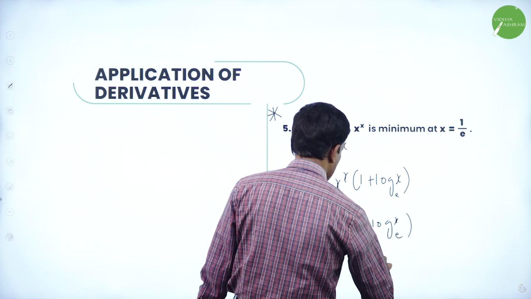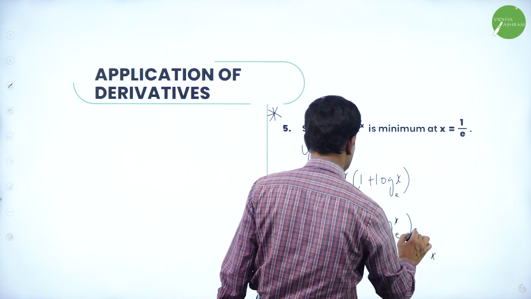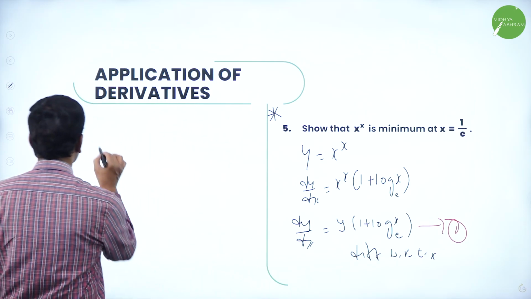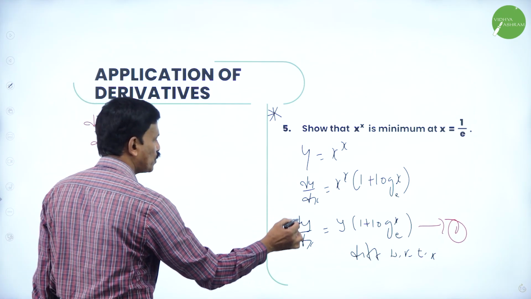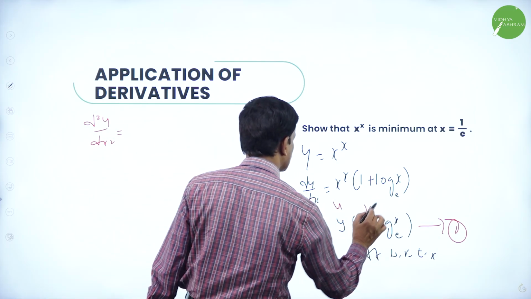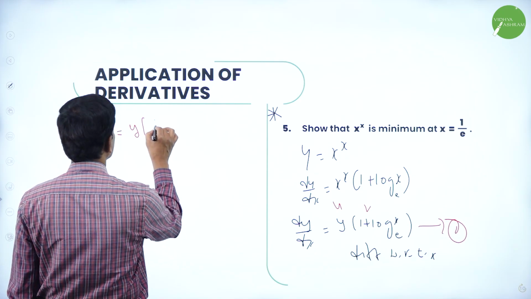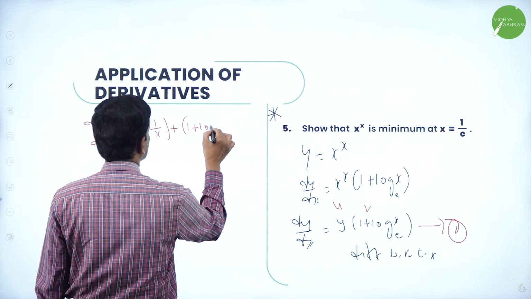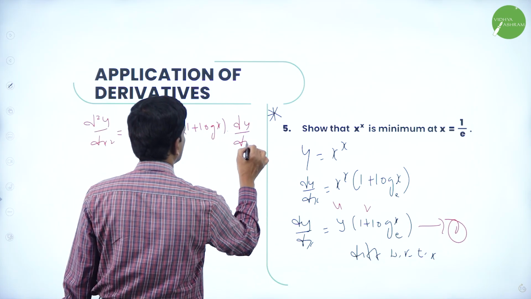Now differentiate this again. Let us represent this as equation number 1. Differentiating with respect to x, what we will get? D square y by dx square is equal to, by the product rule, first function y into differentiation of (1 plus log x), which is 1 over x, plus second function (1 plus log x) into differentiation of y, which is dy by dx.